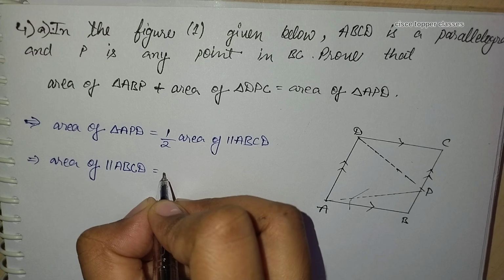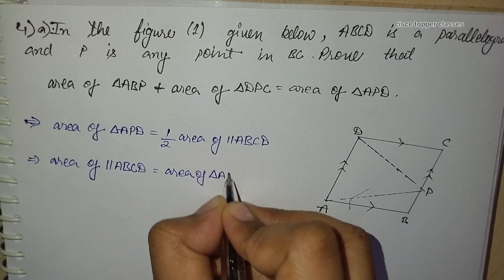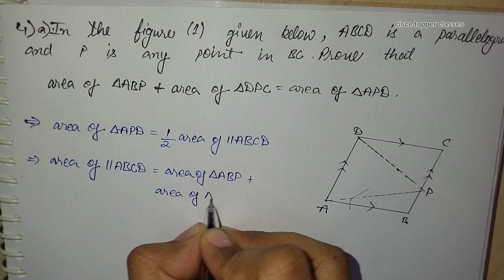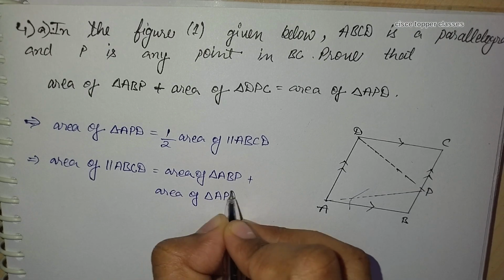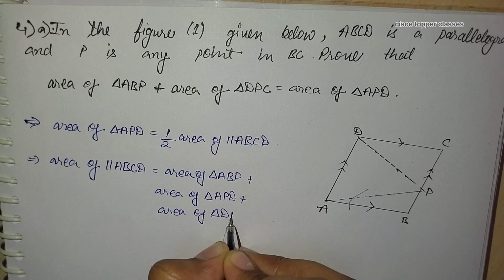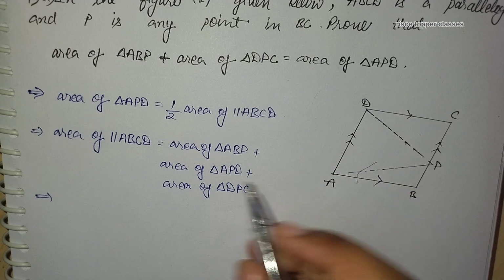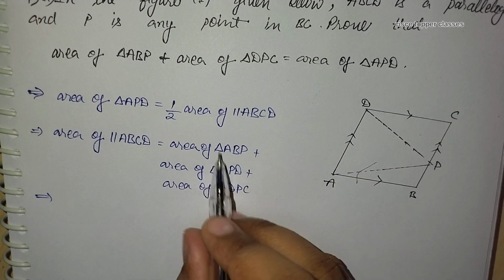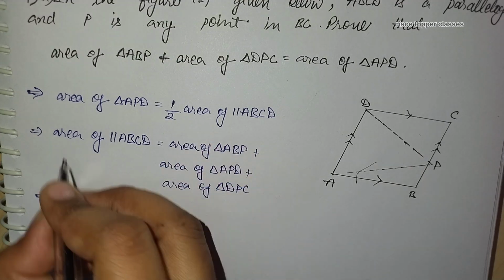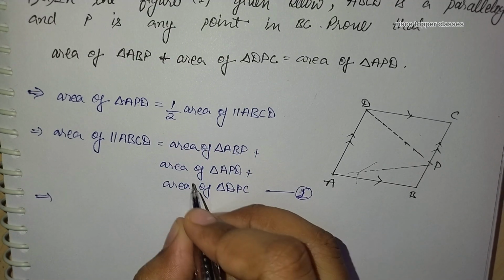So here we can write area of parallelogram ABCD is equal to area of triangle ABP plus area of triangle APD plus area of triangle DPC. Now we will divide this whole first equation by 2.